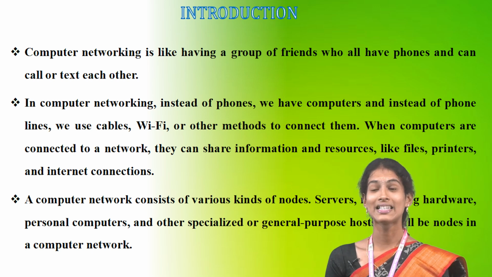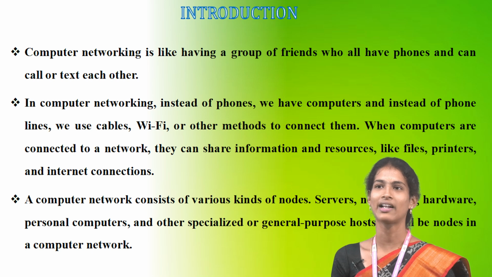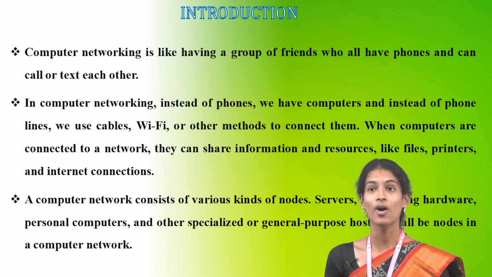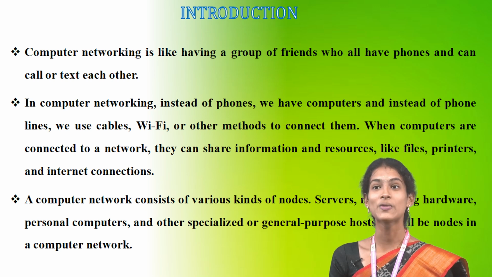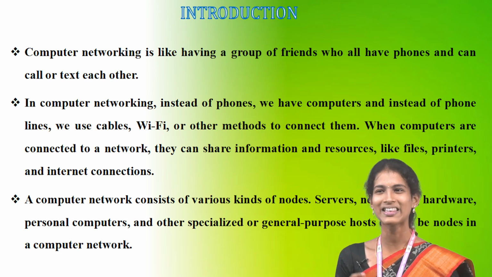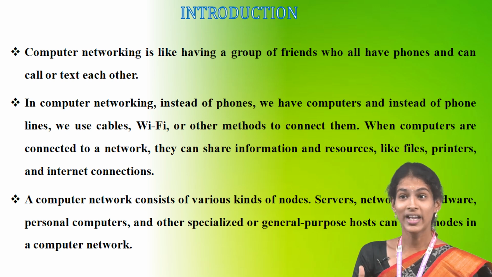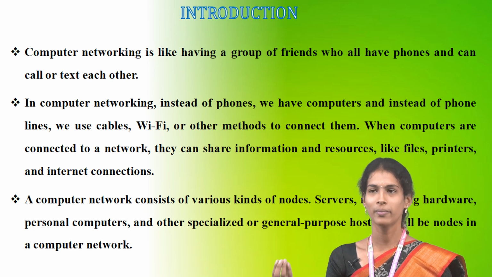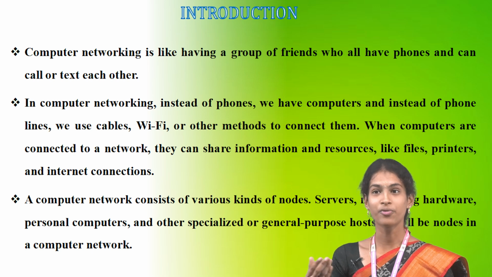Computer networking is like having a group of friends who all have phones and can call or text each other. In computer networking, instead of phones, we have computers, and instead of phone lines, we use cables, Wi-Fi, and other methods to connect them. When computers are connected to a network, they can share information and resources like files, printers, and internet connection.